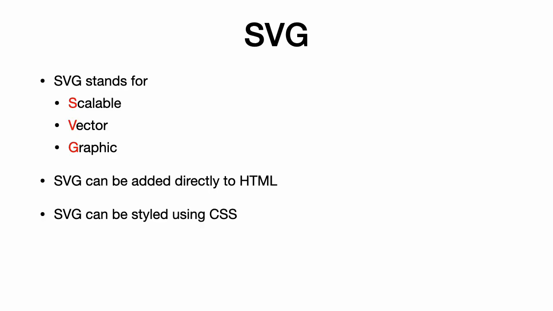So HTML5, which we have learned in this class, understands SVG, and most browsers can show you such pictures right away. Another advantage of SVG is that it can be styled using CSS. So we can make our SVG look nice using the CSS method that we already learned.